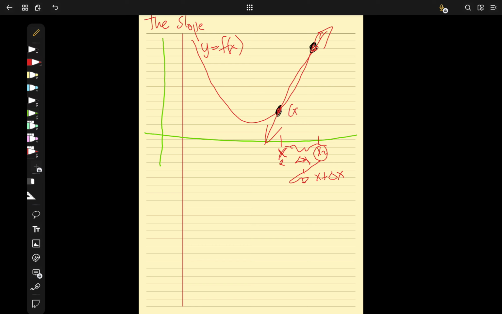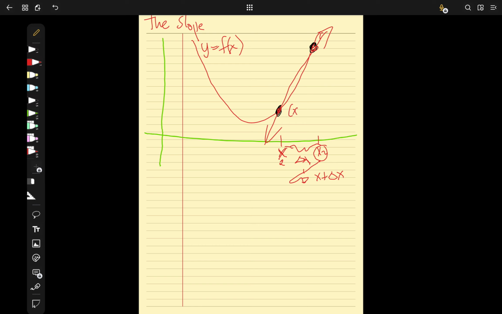So, y2 minus y1, y2 is f of x plus delta x, minus y1, which is f of x, all over x2, which is x plus delta x, minus x1, which is x.